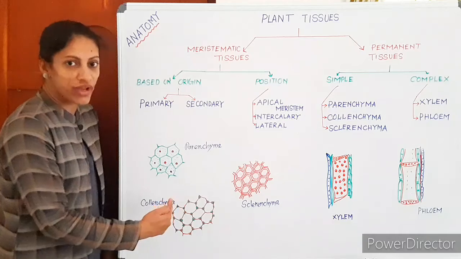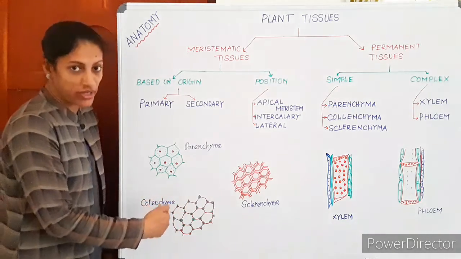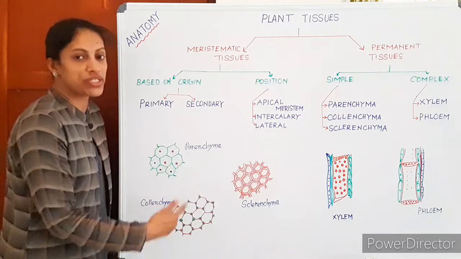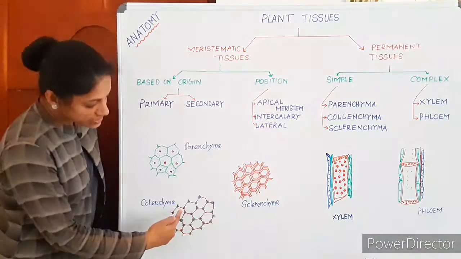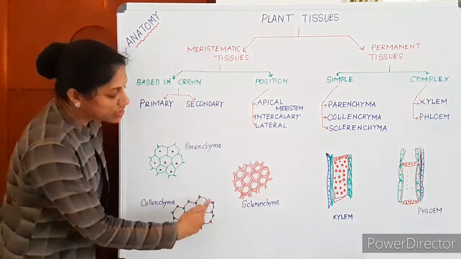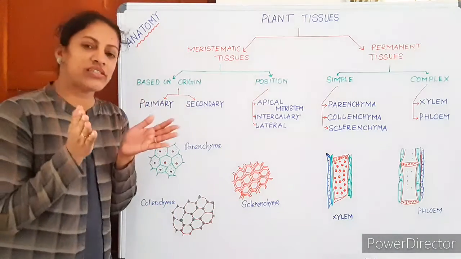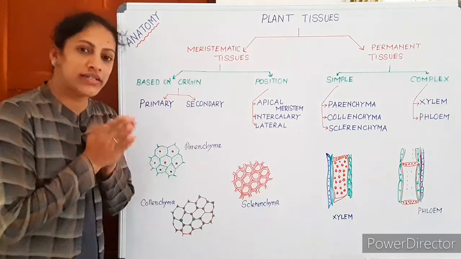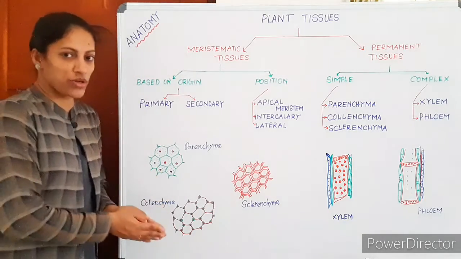In early life, at the time of formation, they are living, but later at maturity they are dead, and the cell walls show a special thickening. What is it? Only the corners are thickened. We can just say collenchyma is corner-thickened parenchyma. But they are not living.